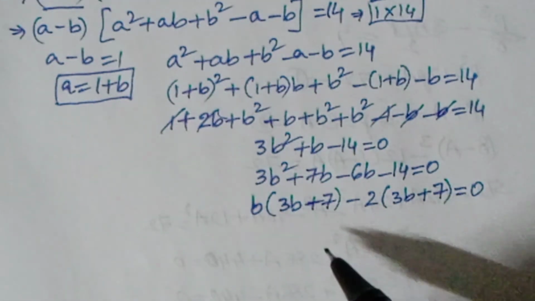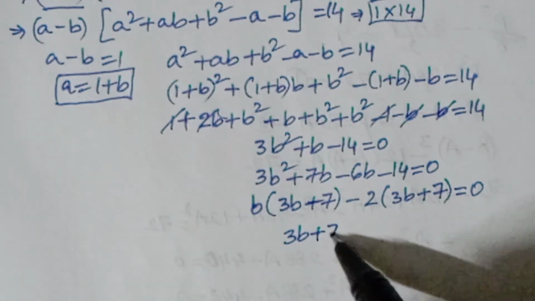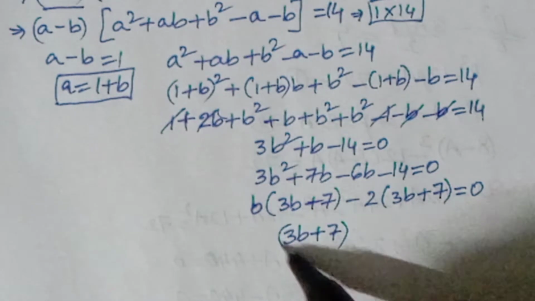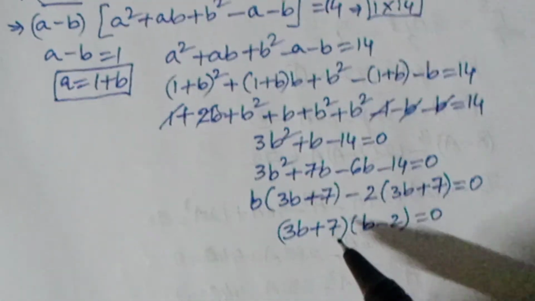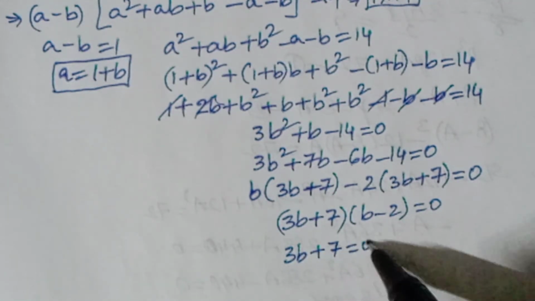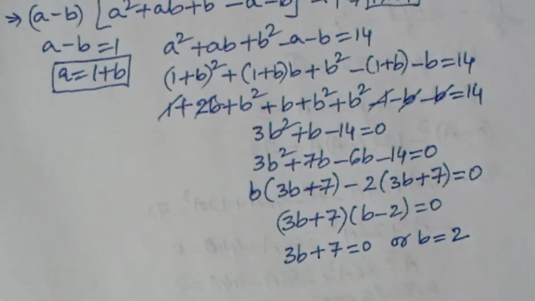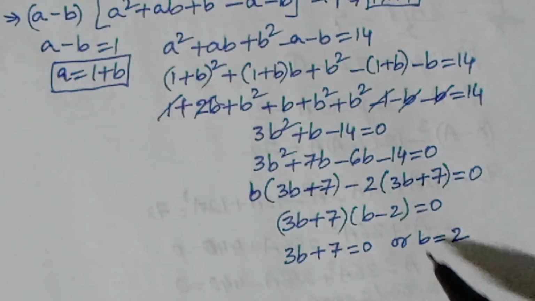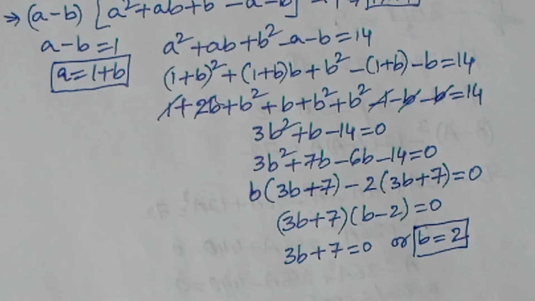So here what will we get: 3b plus 7 into b minus 2 equal to 0. So 3b plus 7 equal to 0 or b is equal to 2. So here we have already taken that a, b, c are positive integers, so here you are taking b value 2.